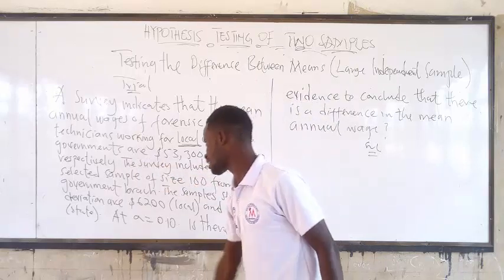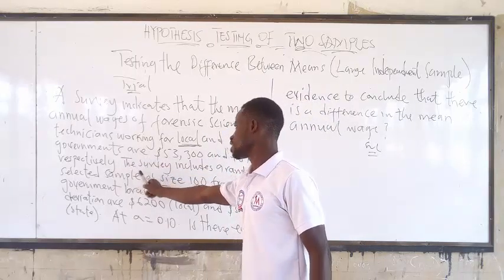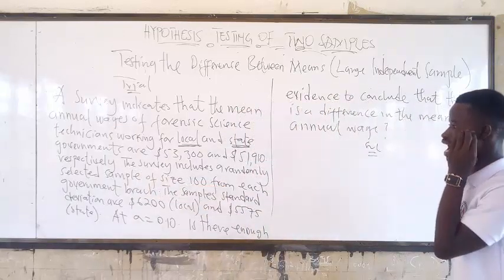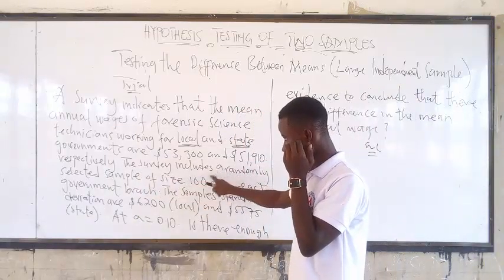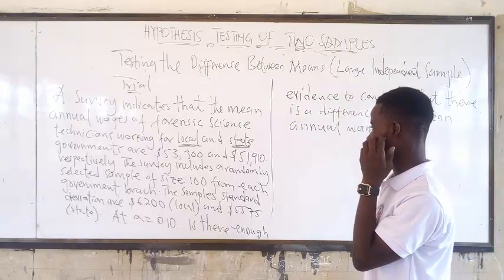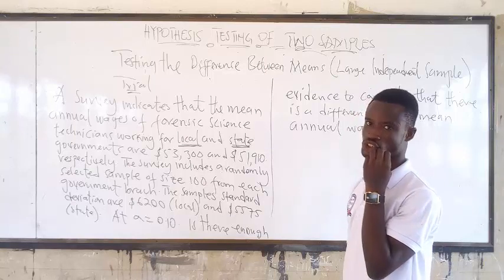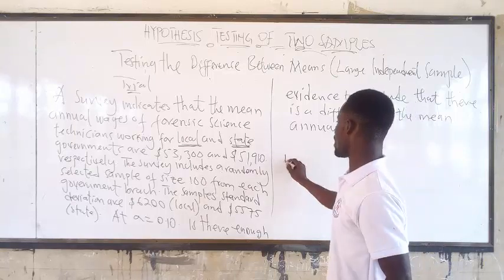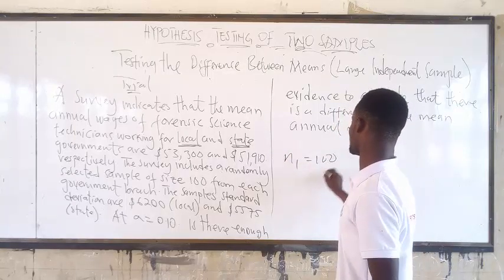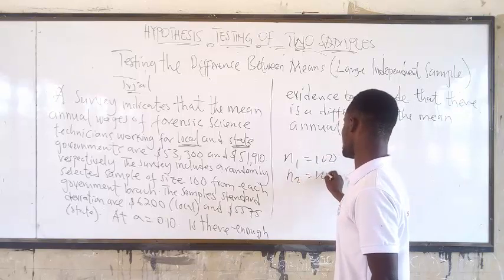This and that, respectively. The survey includes a randomly selected sample of size 100 from each government branch. That means that our n1 is 100, our n2 is 100.